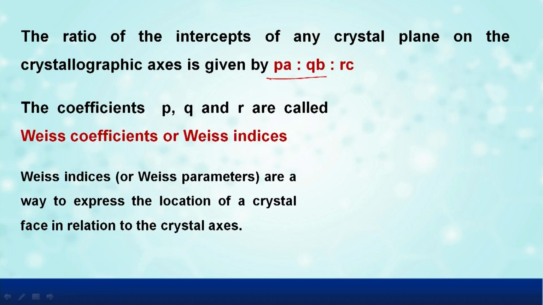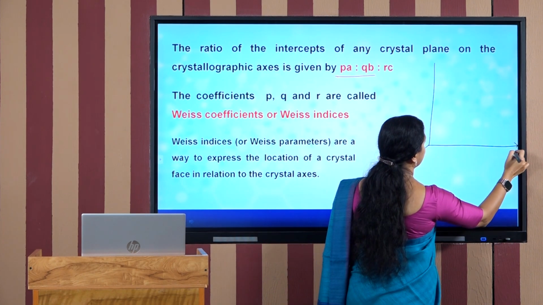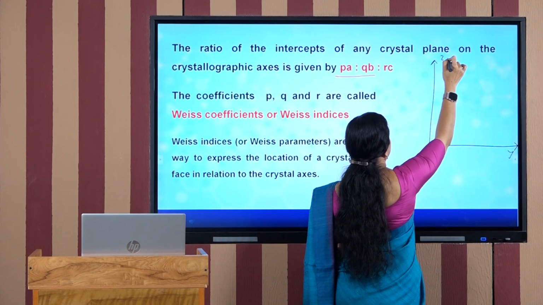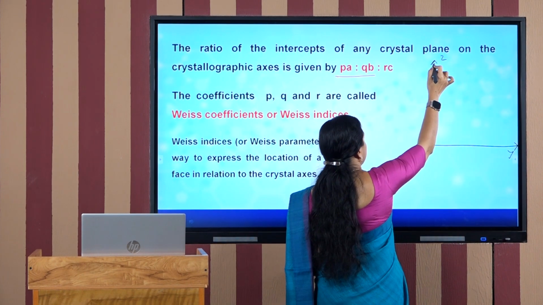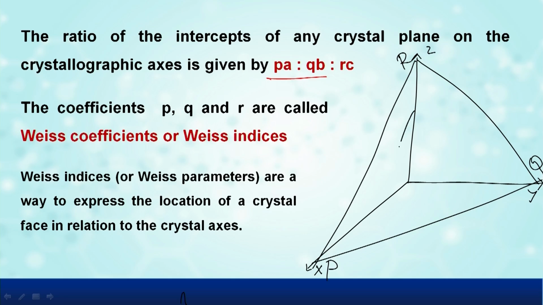Now, let us make it more clear by drawing a plane. First, let us draw the crystallographic axes. So, we have the x, y and z axes. Consider a plane, and let the plane be denoted as PQR, and we can draw a unit plane here.